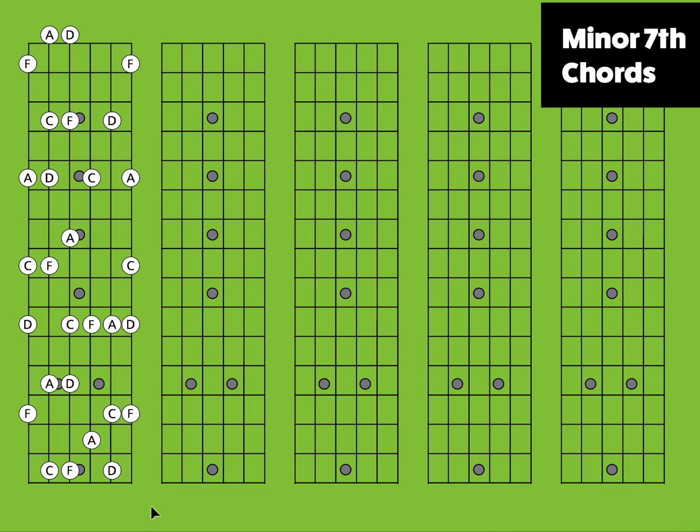One other thing I want to point out about the minor seventh is that if we simply add the G note to the D minor seventh, notice what we end up with here. Oops, it looks like I've taken some notes that I moved and didn't put back, because we're missing a couple now.